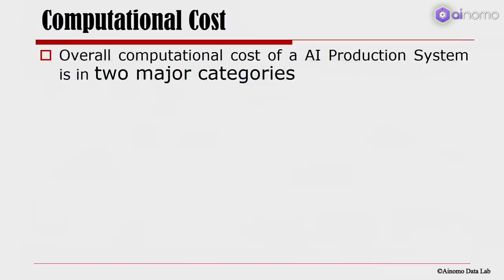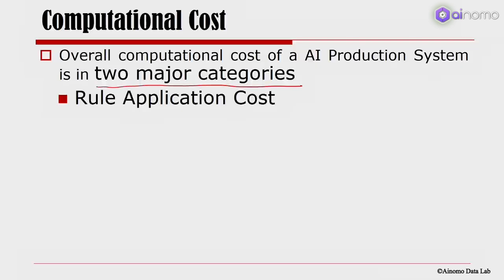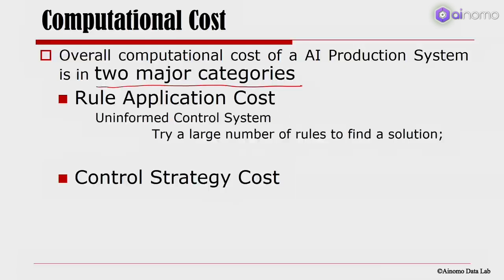So the overall computational cost of an AI production system can be thought of as two major categories of cost. One that comes from the rule application, and the other that comes from the control strategy. For the rule application cost in the uninformed control system, we have to try a large number of rules to find a solution, and therefore we have a high rule application cost.